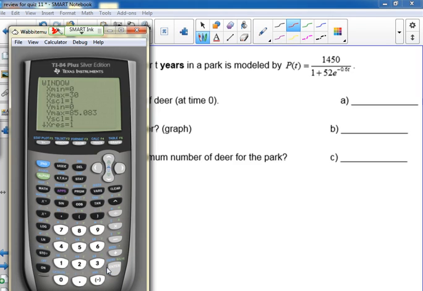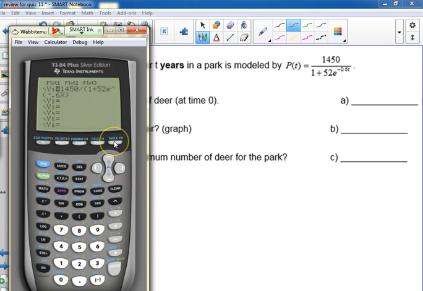What's the carrying capacity of this equation? 1450, so I'm going to go ahead and put in 1500 as my max. Everybody getting this to graph okay? Anybody need help? You have your stat plot on still? When you go to y equals to type it in, just check up here. If they're darkened in, then they're on.